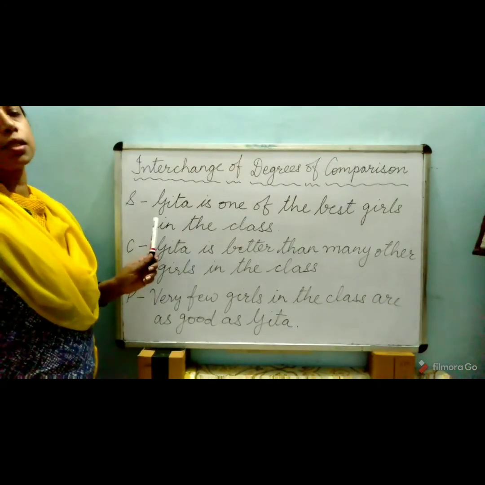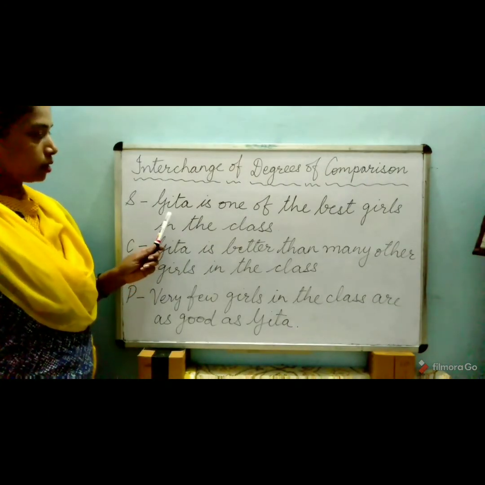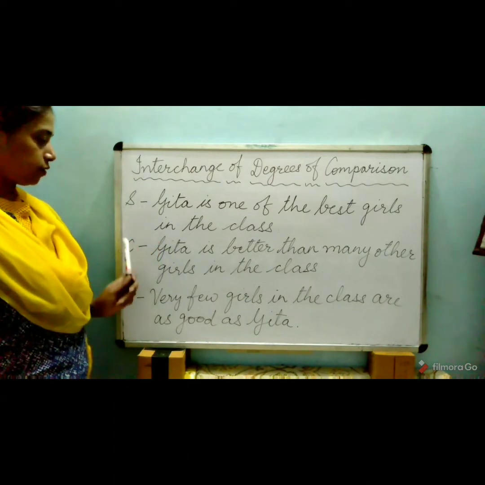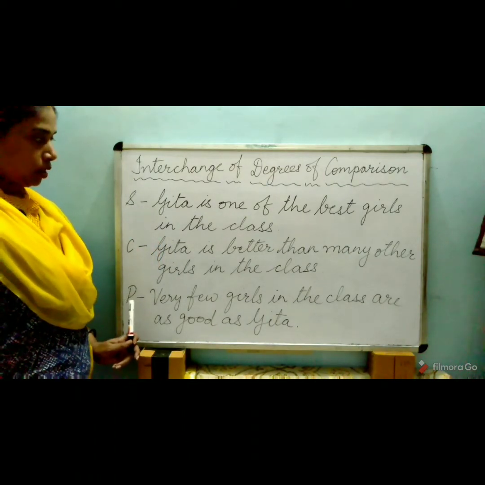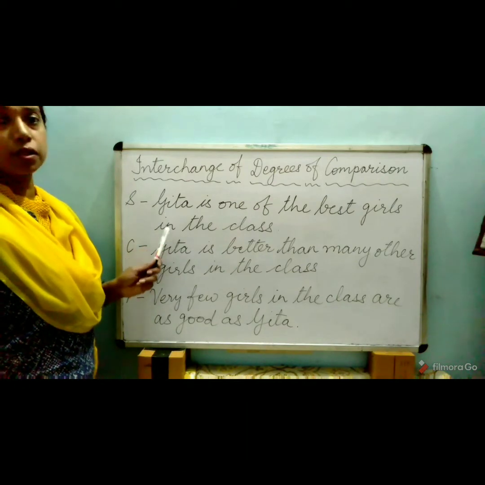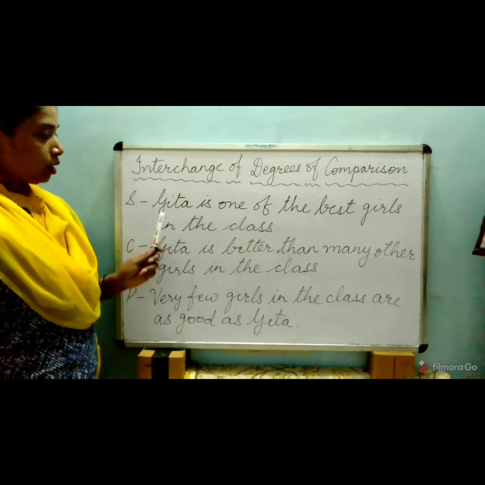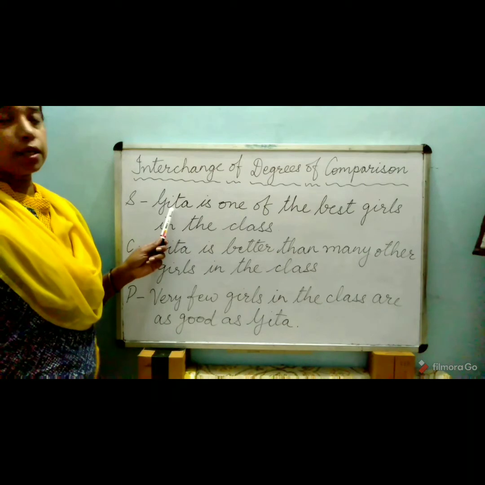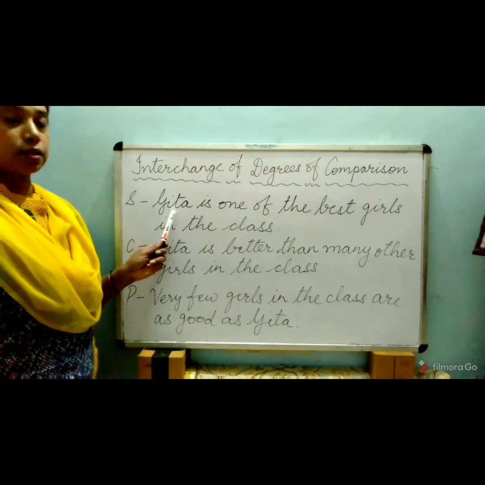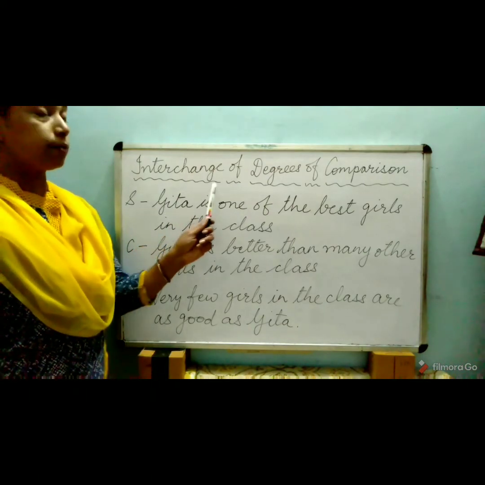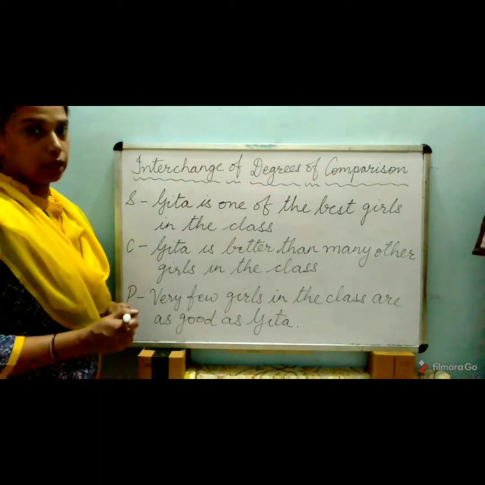Here there is another set of 3 sentences written in the superlative, comparative and positive degrees, and they all have the same meaning. Now in the previous sentence I had written in the superlative degree, the sentence was Geeta is the best girl in the class.